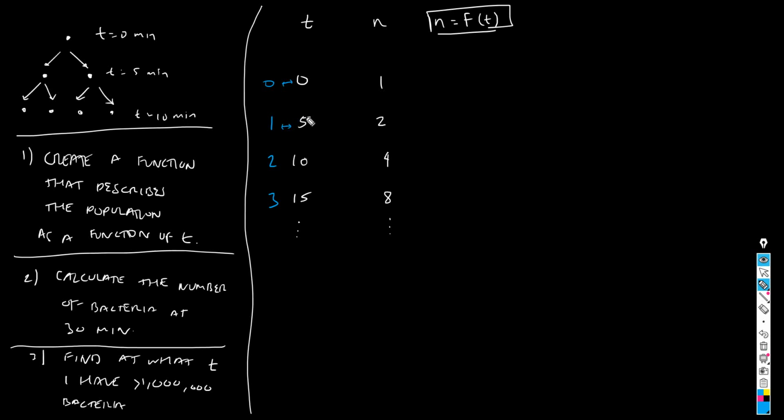This is your first time, this is your second time, this is your third time, and so on, but multiplied by a factor of 5. If this is my time 1, then 1 times 5 is 5. If this is my time 2, then 2 times 5 is 10. So basically we can think of this as changing by a unit, but by a factor of 5. I don't know if I'm confusing you. I find it difficult to express.